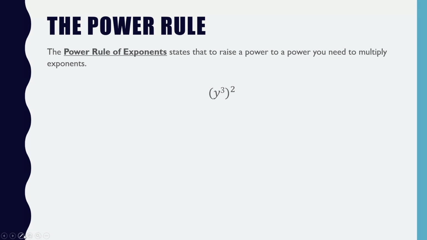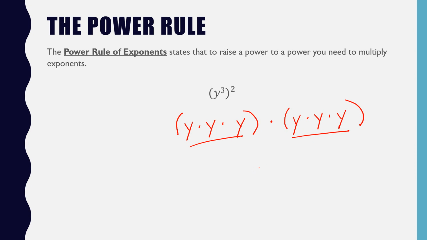Okay, so the power rule, you're kind of talking about sets of numbers. So you're talking about having basically a set of 3 y's here, and you're talking about having another set of 3 y's. So you've got 2 sets of 3 y's. So again, this is saying it's y to the third times y to the third, which is y to the third to the second.